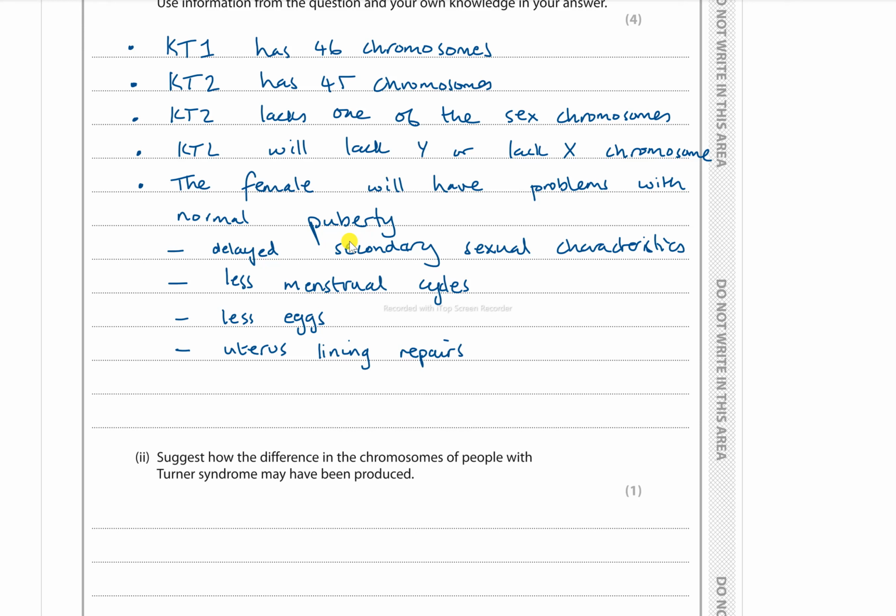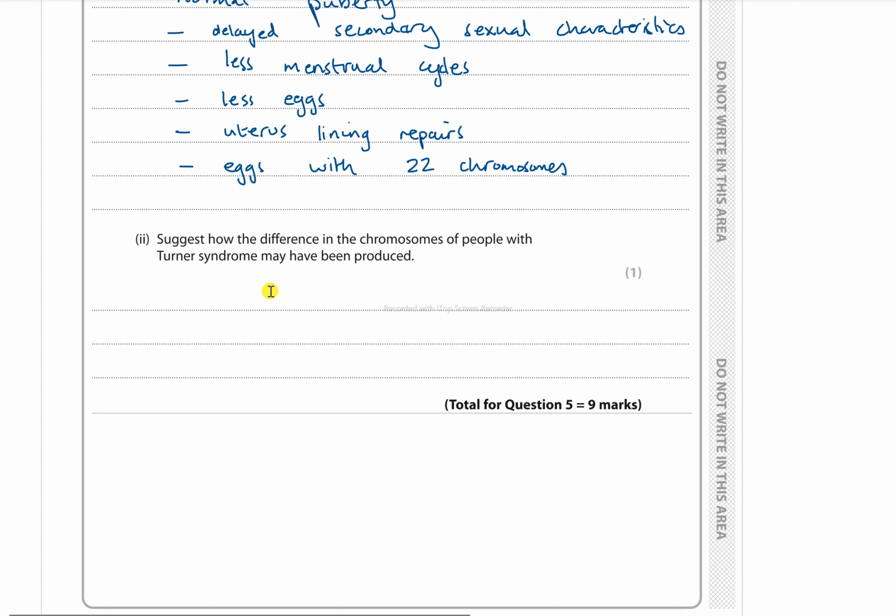You could have problems with these. You might even produce eggs with, just say, 22 chromosomes instead of 23 chromosomes. It's hurting my brain. This is right. I think that's about it. Right, let's get this finished.